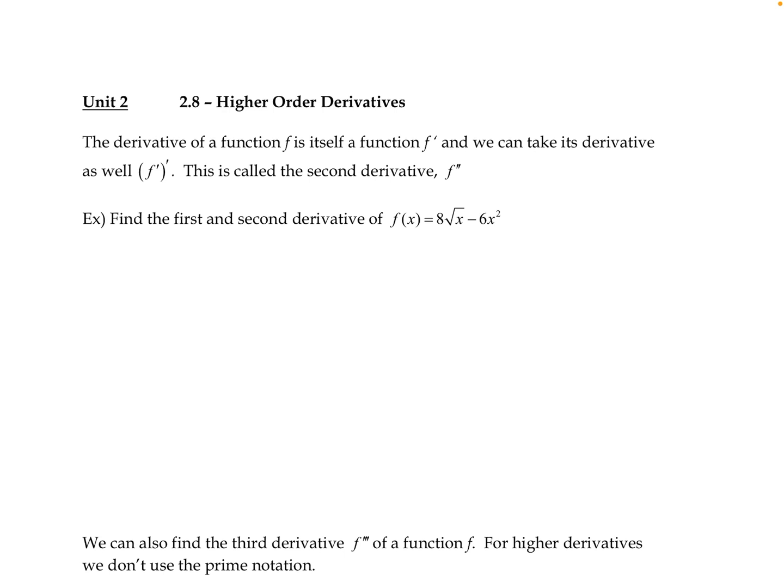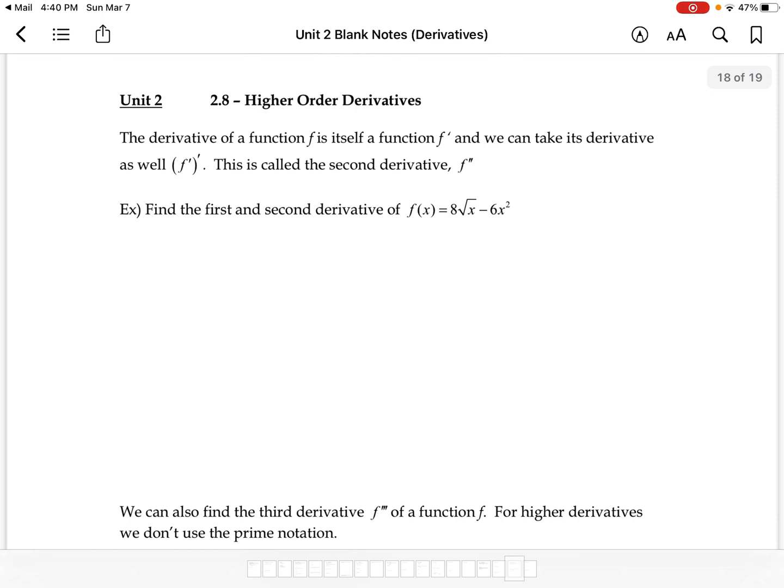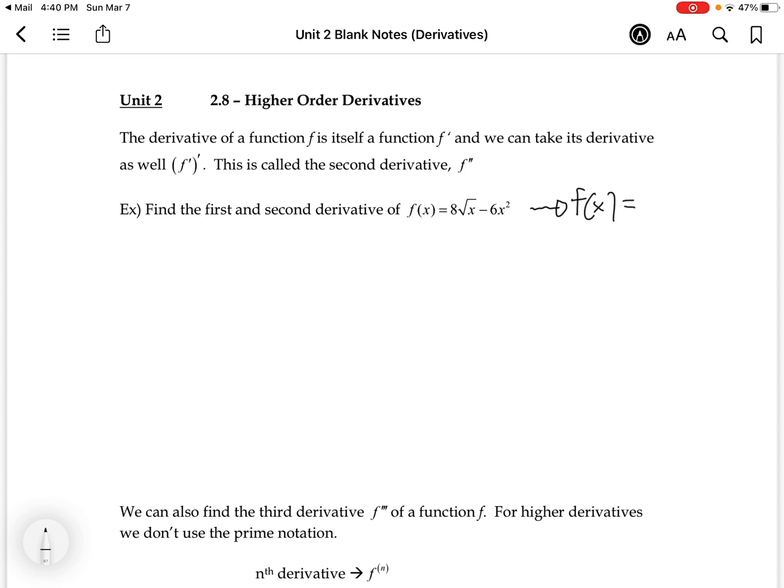So for example, find the first and second derivative of f of x equals 8 root x minus 6x squared. I'm just going to rewrite this as f of x equals 8x to the 1/2 minus 6x squared.